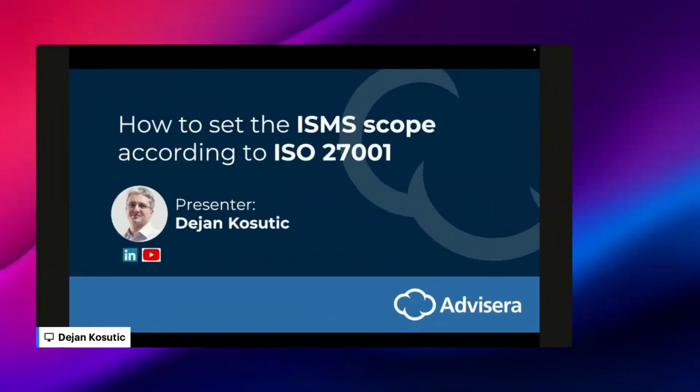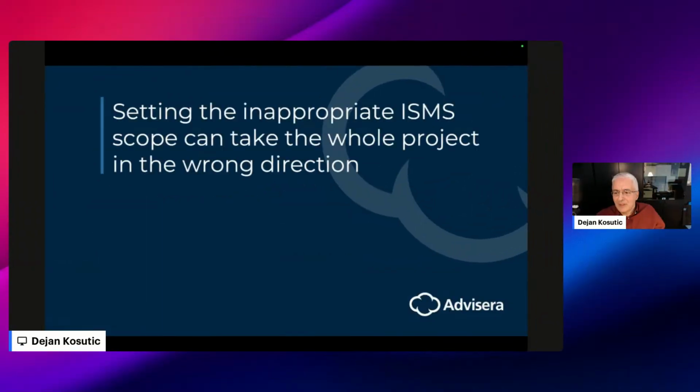Good. Now let me move on to the next slide. So why is this topic important? Because if you set this ISMS scope in a wrong way, if you set the scope too big or too small, then it could take your whole project or a good part of your project in a wrong direction. So it's really important that very early in the project you set this scope correctly, so that you don't have any problems afterwards.